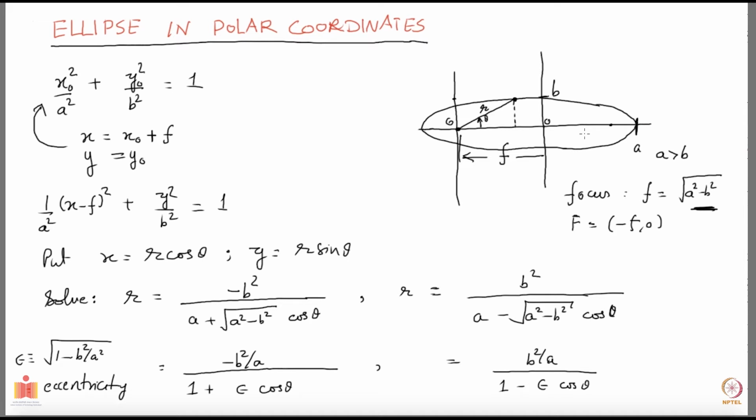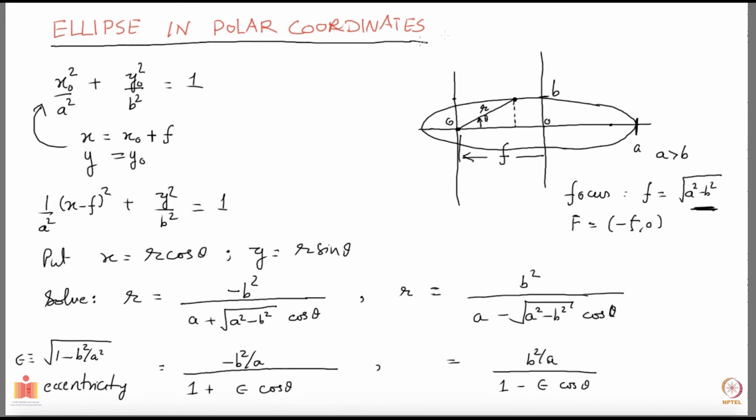So these are the polar forms of your ellipse, and we can simply write them down without worrying about what's in the numerator. Of course, that can be related to other quantities which characterize an ellipse. So you have the following form: r is alpha over 1 plus epsilon cos theta, or r is equal to alpha over 1 minus epsilon cos theta.